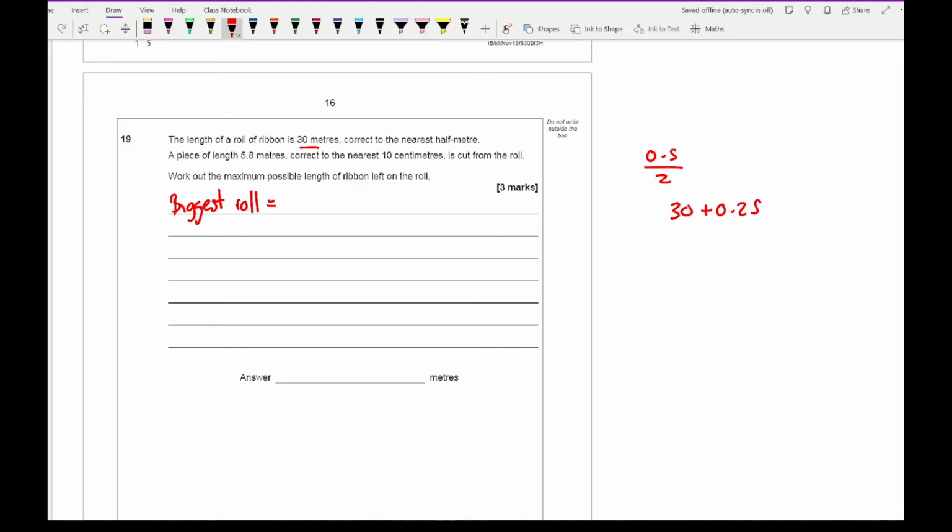So the biggest roll is going to be 30.25 meters. Now what we want then is the smallest cut, because we want the biggest amount left. And so we've got 5.8, and then plus or minus the nearest 10, so it's 10 divided by 2, which is 5. And so, oh, actually it should be 0.05.